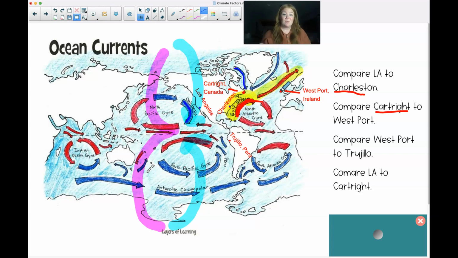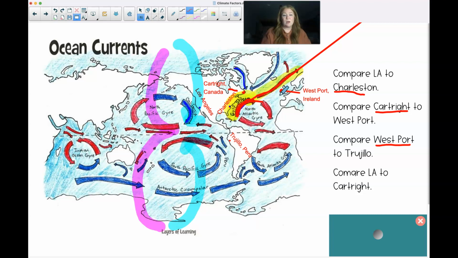Where Ireland, even though these are pretty high north in their latitude, this Gulf Stream, let me grab a red pen and keep that Gulf Stream red, is passing by Ireland, and it's keeping it nice and warm there. I mean, it's not tropical by any means, but it's much warmer than over here in Canada, even though they're the same latitude and distance from the equator. Over here is going to be much warmer because that warm stream of water is carrying all that warm air with it.